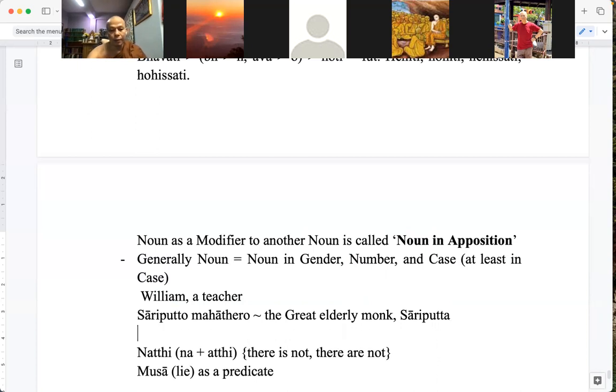And then the other way, using the word nama. Nama means named or by name.